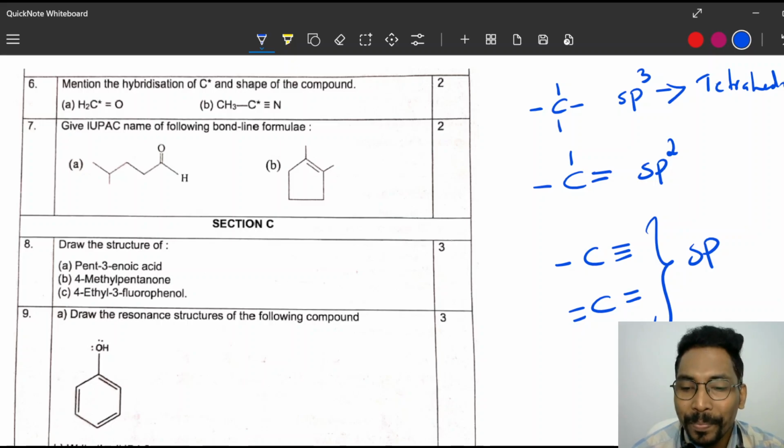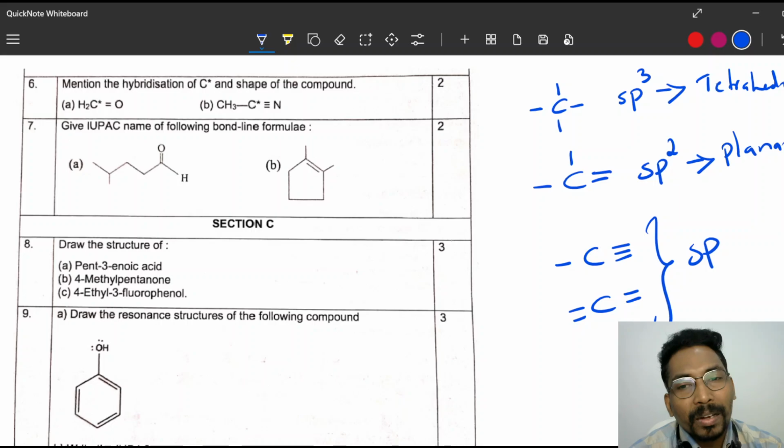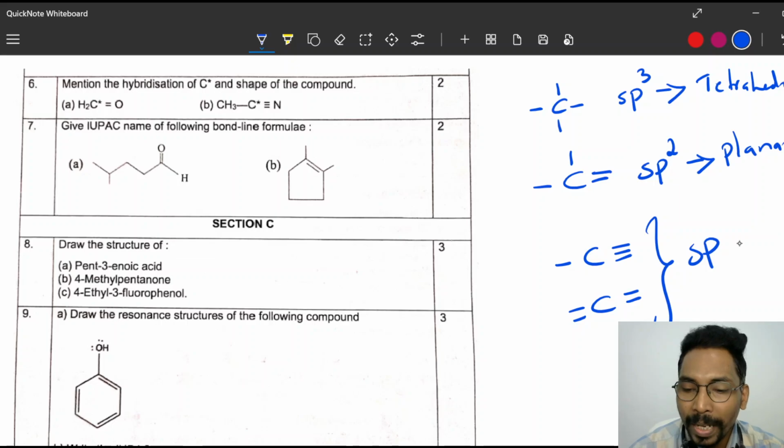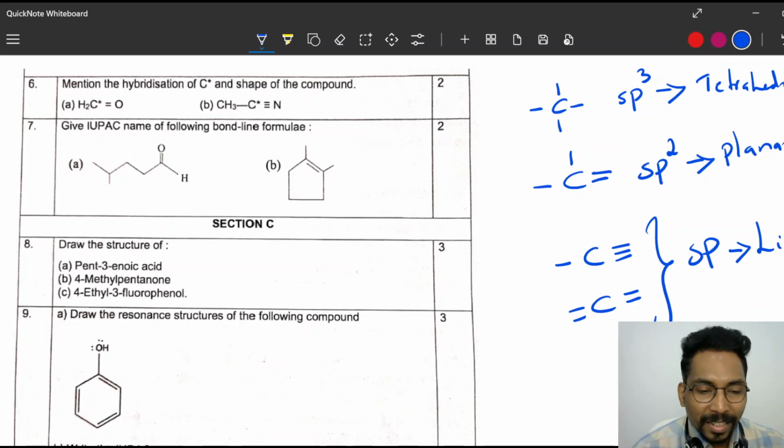If it is sp2, it will be planar, especially trigonal planar. And sp will be linear. Yes. So what is the first one?